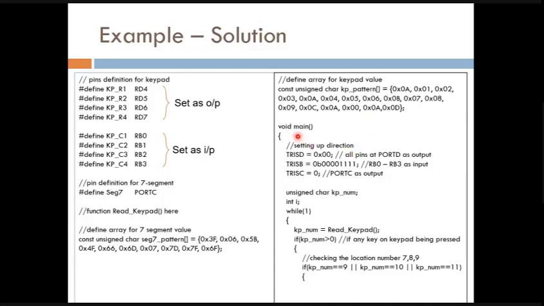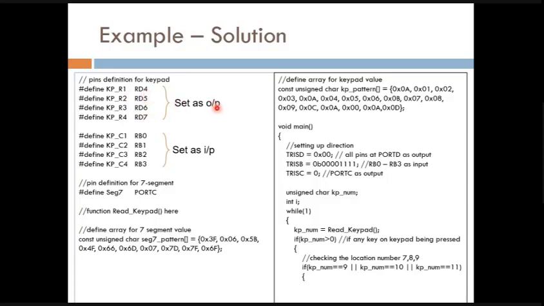And then you go to the main subroutine. This is the part where you set which one belongs to output and which to input. For output, we are using port D, so we set the whole port D as output by setting TRISD equal to 0, provided that the remaining port D pins are free and you are not using them to connect other devices. You are only reserving port D as output.